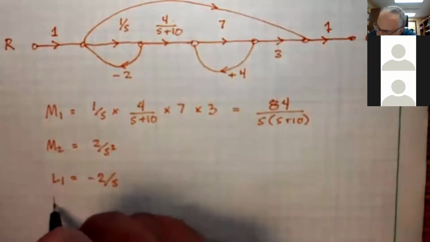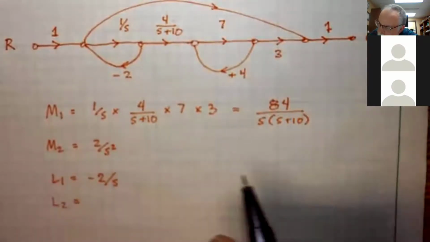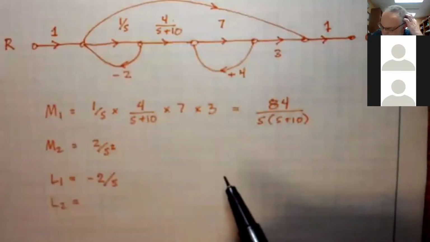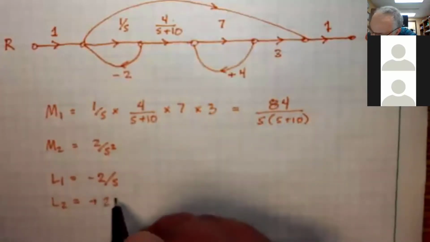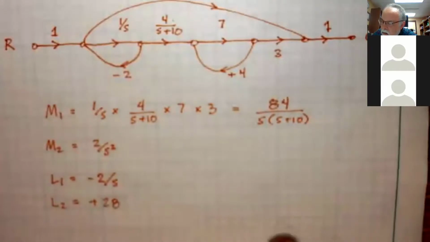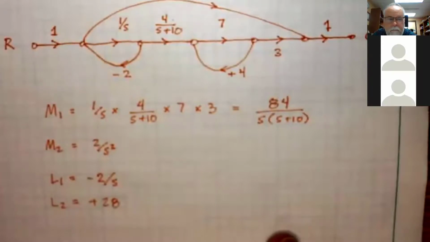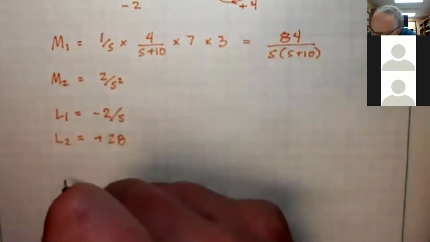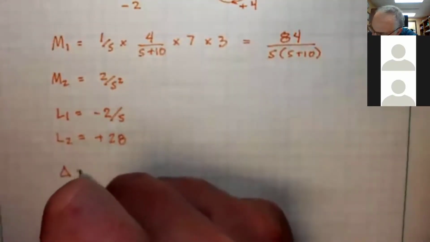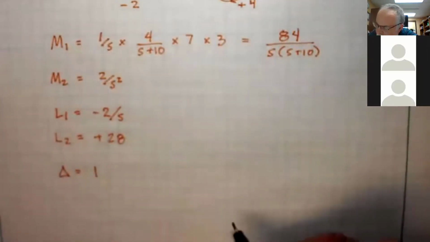And then I've got a loop 2, and that's going to be 7 times 4. So that's a plus 28. Then I've got to come up with my delta. Always start with a 1.